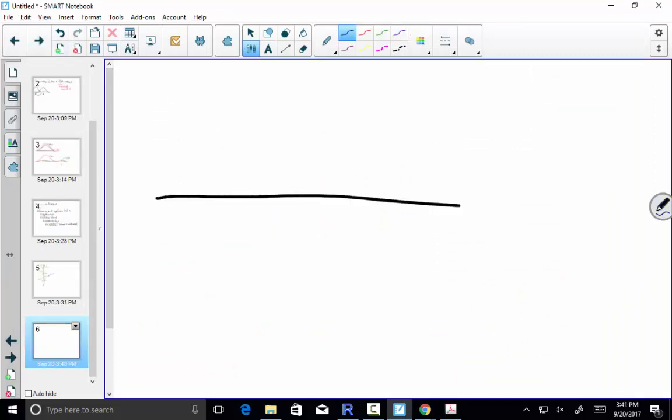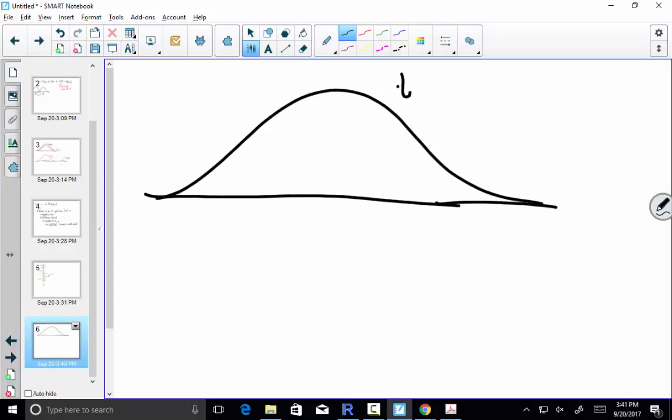Let me draw a picture. Suppose this is the t distribution with n minus 1 degrees of freedom. Here is t_{n-1}, let's say 0.025. The t distribution is centered at 0.